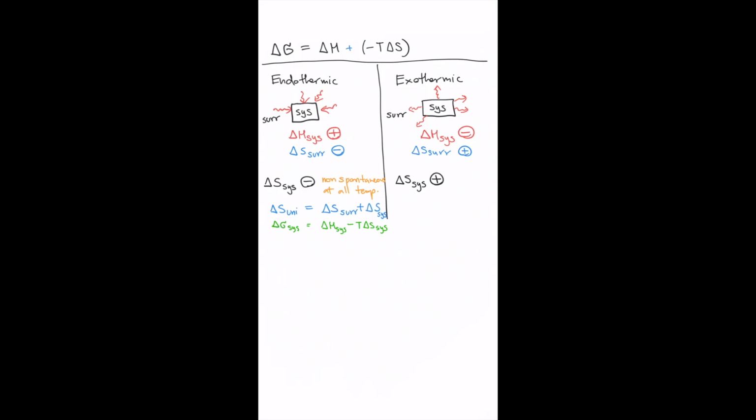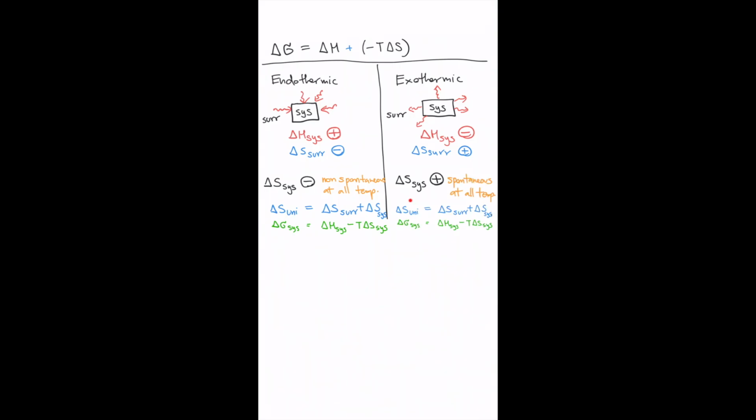In this case, the heat or the energy also becomes more dispersed as well. Both matter and energy become more dispersed. Therefore, you are going to end up with a spontaneous process at all temperatures.